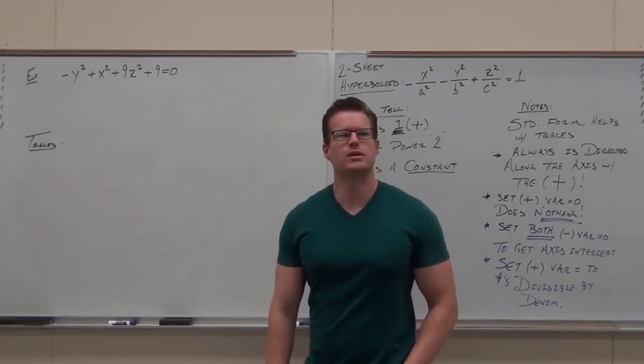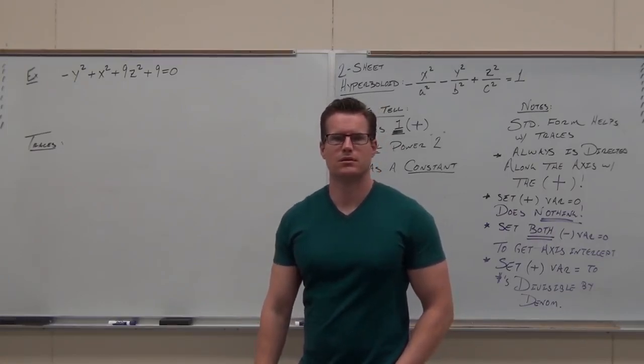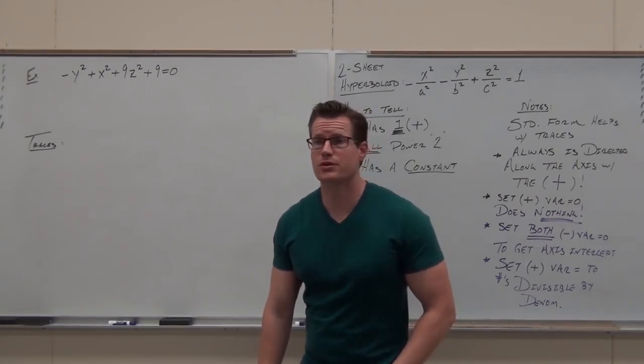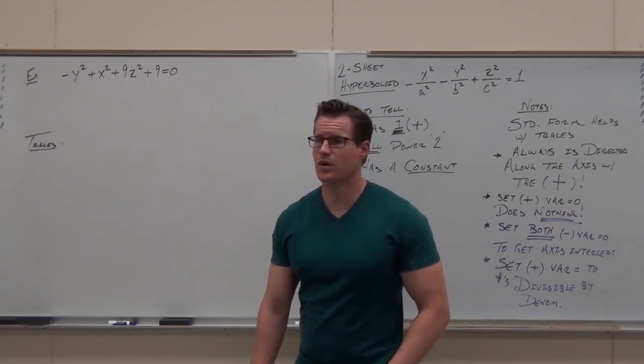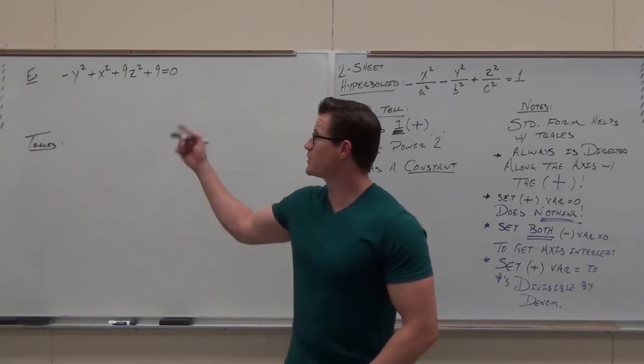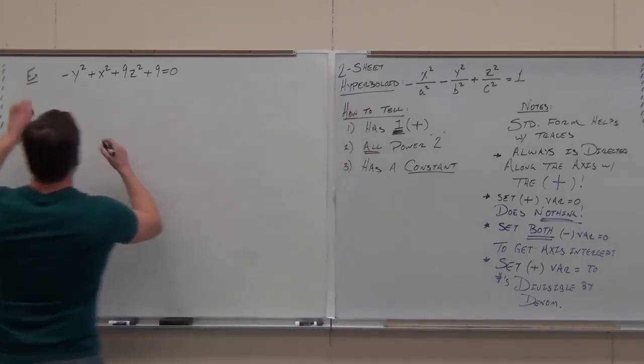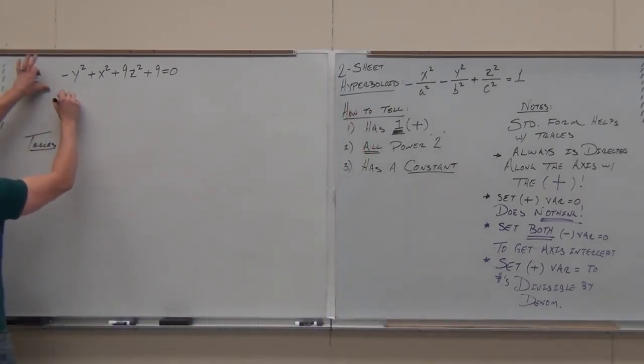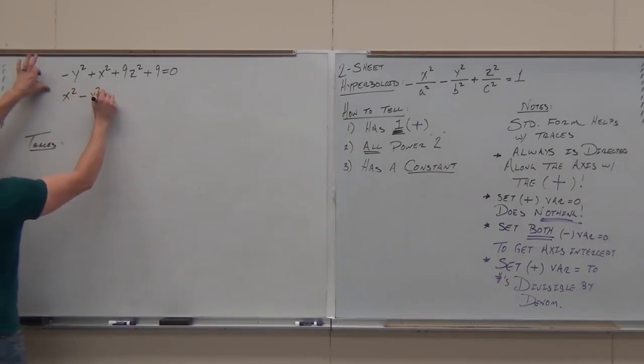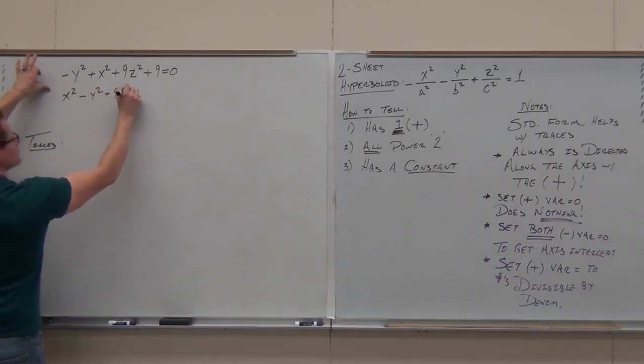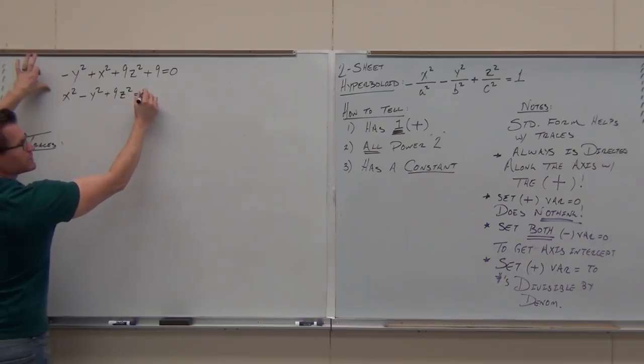Okay, what would you do here? Okay, move the what first? The constant. Probably the constant, yeah. And then I would reorder my variables. Oh, but what's it gonna be? Negative.